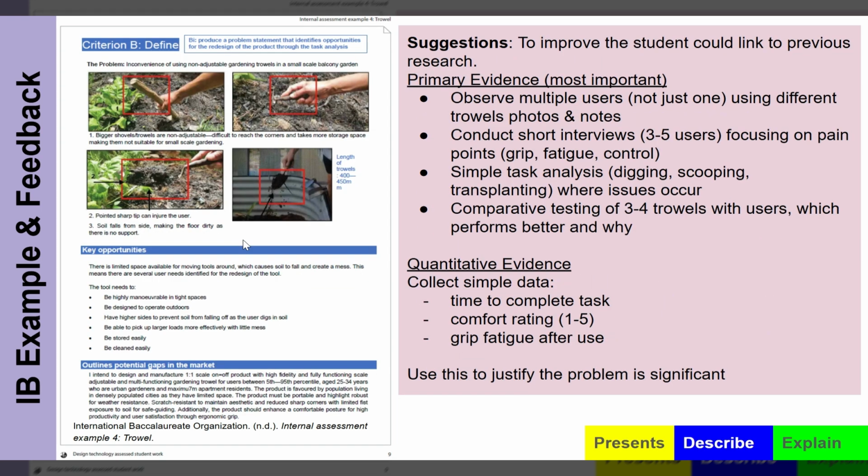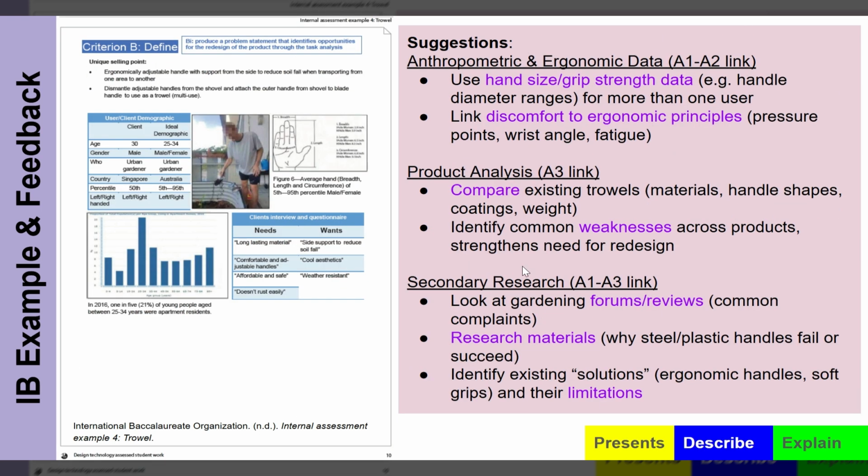Even though they got top band, I feel that's quite generous because they're not actually doing what they should have in criterion A. If they had a good product analysis, they could compare existing trowels. And then they could have the synthesis of the research here, identifying common weaknesses across products. Then for the secondary research, they could have looked at gardening forums and reviews, so YouTube videos, different blogs and whatnot.